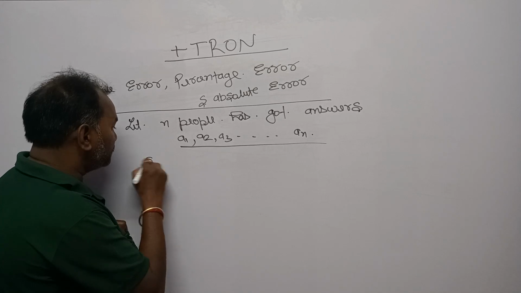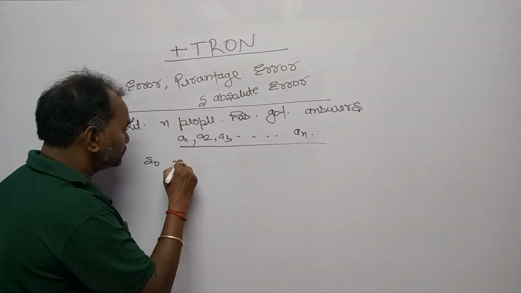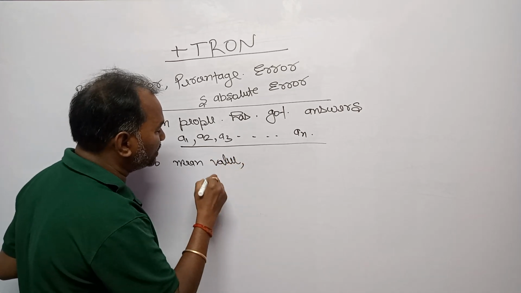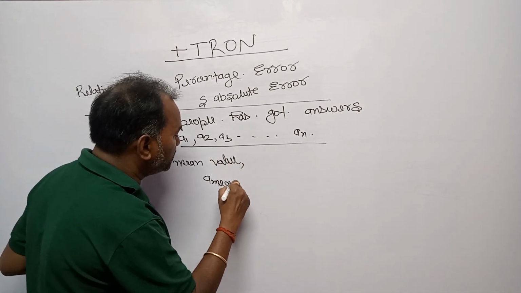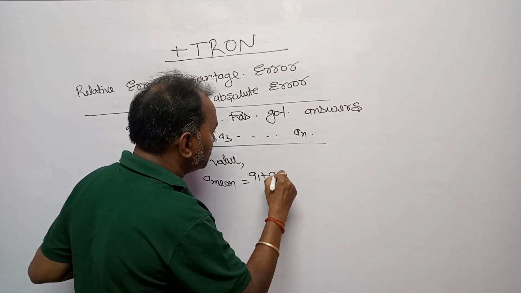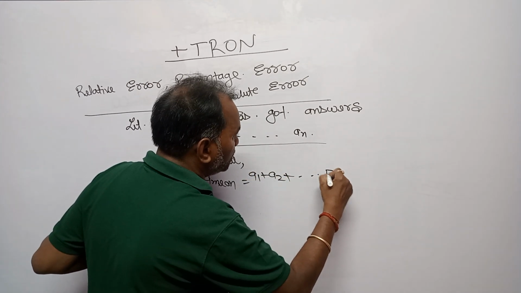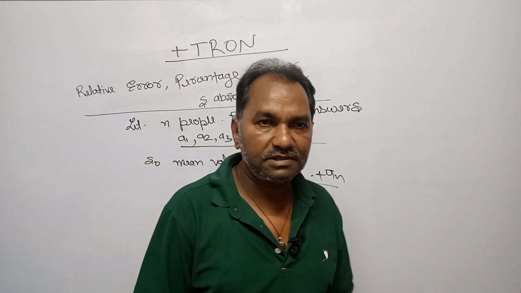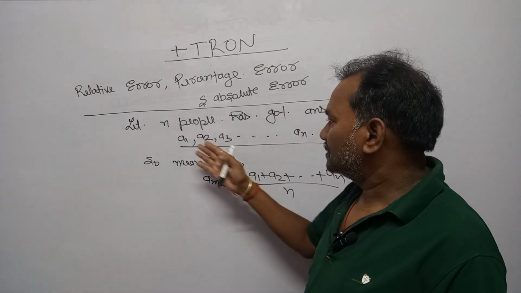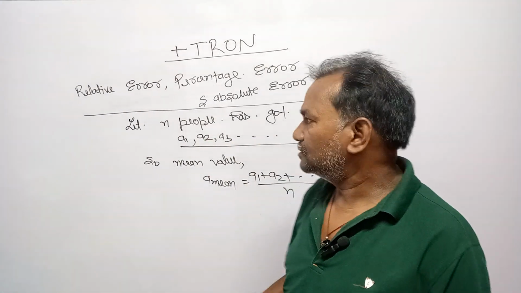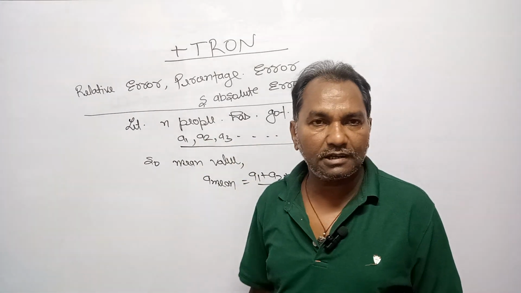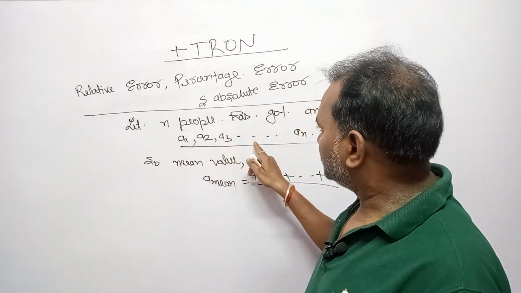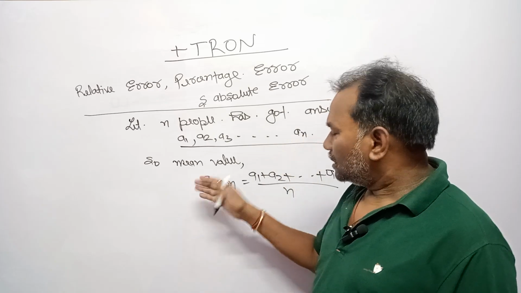So the mean value, you know how to find mean values: A mean is equal to A1 plus A2 plus up to An, divided by n. Dear students, n observers were given a task to find a value in the experiment, and they got the values A1, A2, A3, up to An.